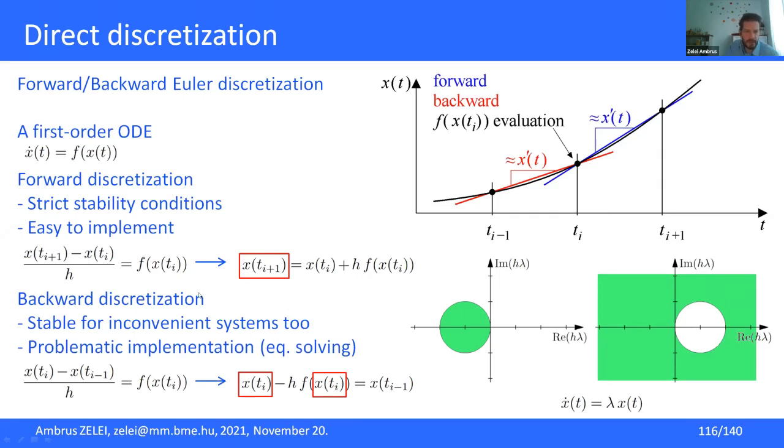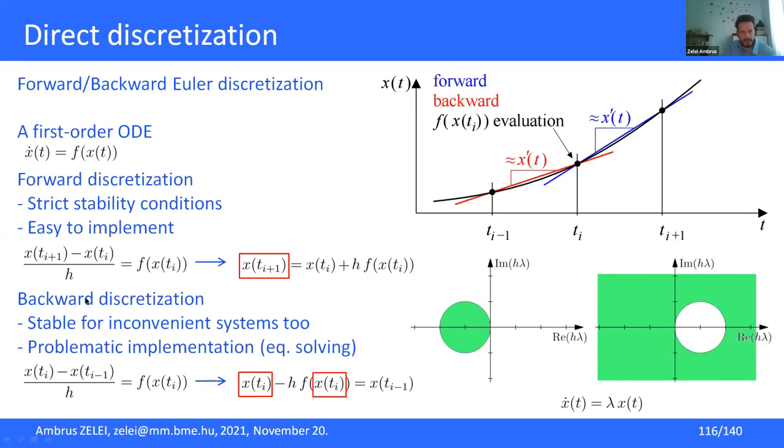But in the case of backward discretization, the problem is that the new value of x is also in the function. So we have to solve it for x at t_i, and this is usually a nonlinear algebraic equation set, which is kind of problematic. So it's harder to implement.